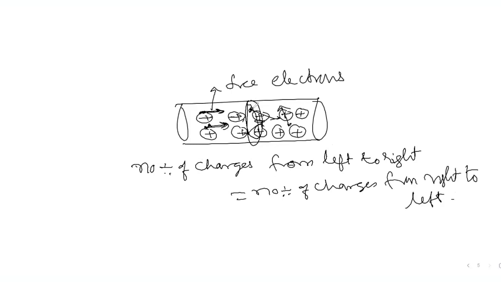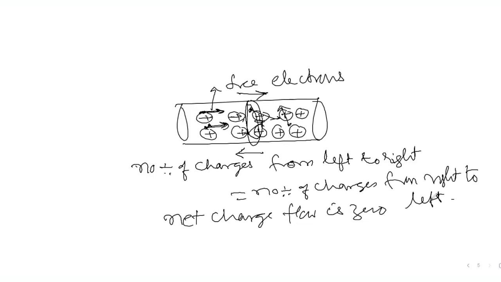That is, the net charge flow in one direction is equal to the net charge flow in the other direction. Hence, we can conclude the net charge flow is zero. The ordered flow of charge, that is, flow of charge in one direction, is called electric current.